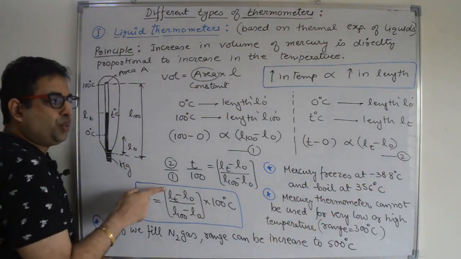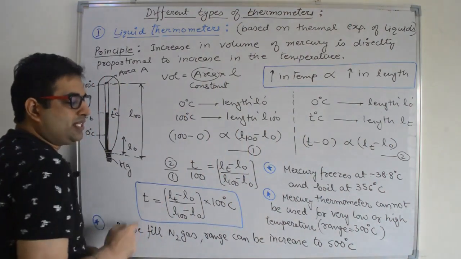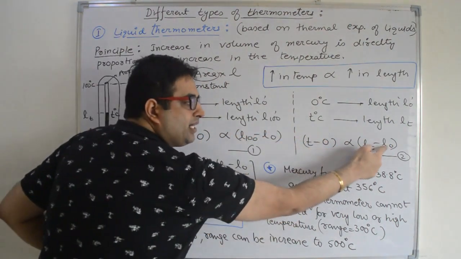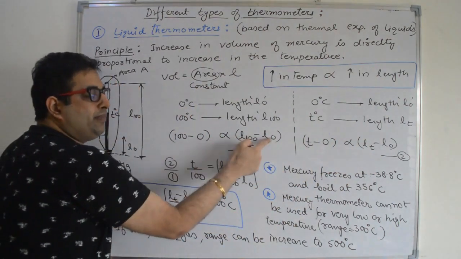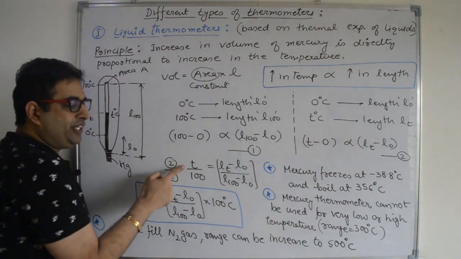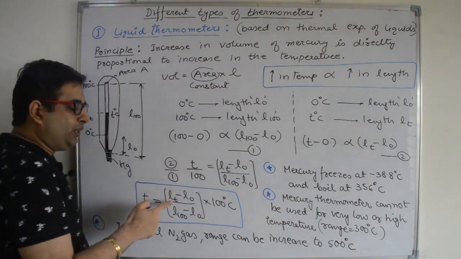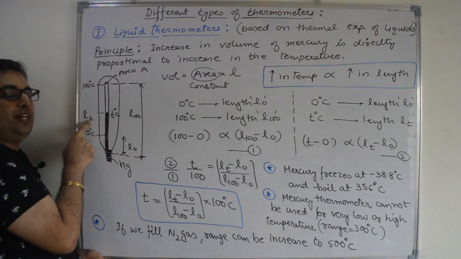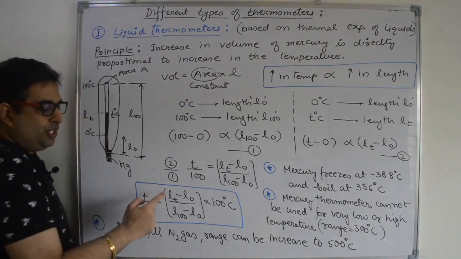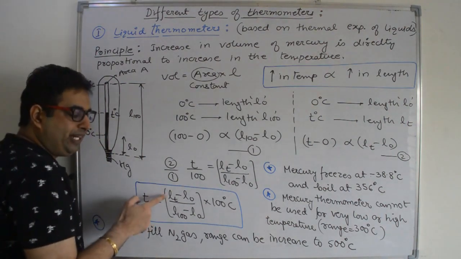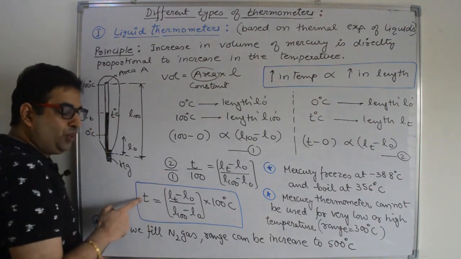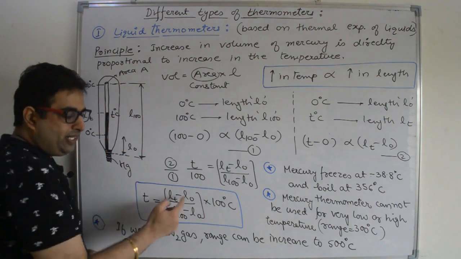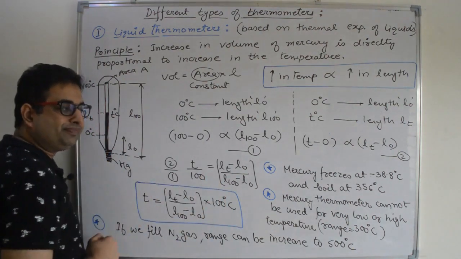Let us divide these two equations. So second divided by first: T divided by 100 is equal to (LT minus L0) divided by (L100 minus L0). Right? From this equation you can calculate the value of T, that is the temperature where the height of the mercury is LT. So if you know the height of the mercury LT, then you can calculate the temperature of that body also, right? And we have to remember this formula.